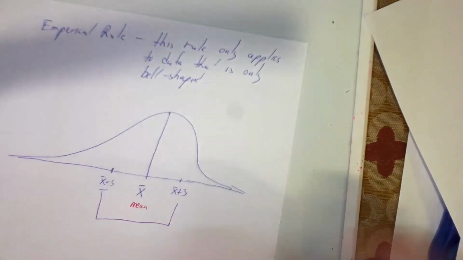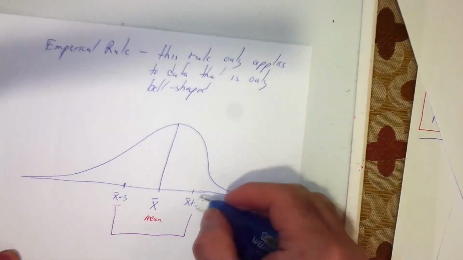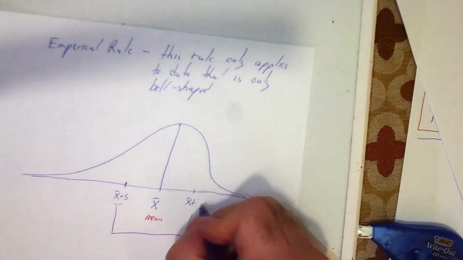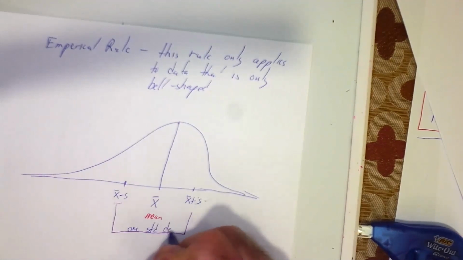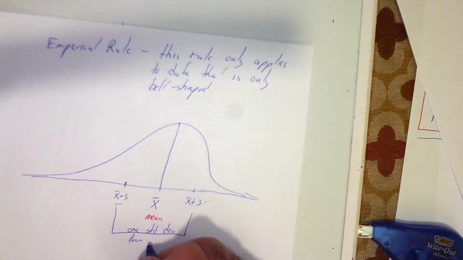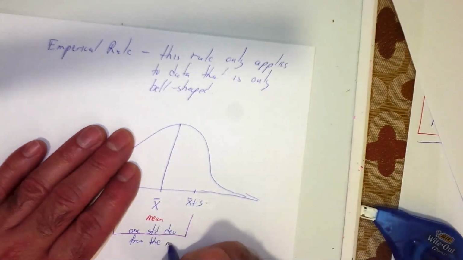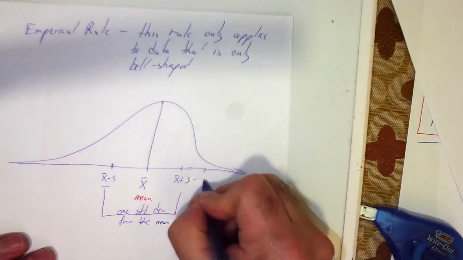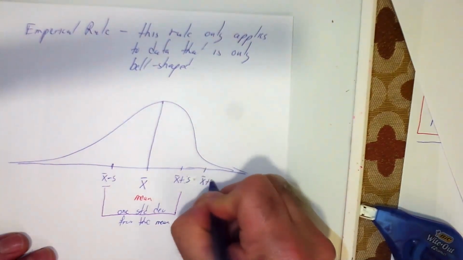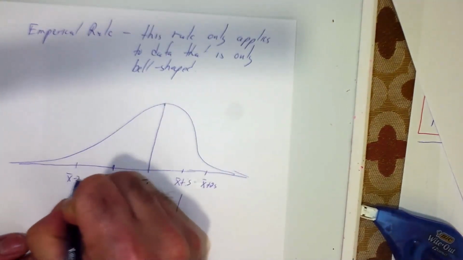Why did I put a 3? It's supposed to be an S. S is 1 standard deviation from the mean. And then we move on. If this is X bar plus 2S, over here it's X bar minus 2S.